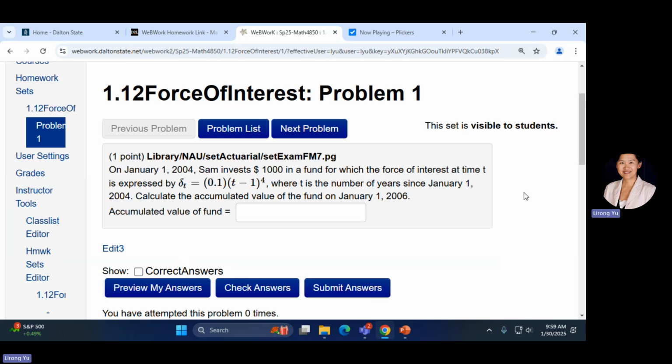Stan invested $1,000 in this account, earning that kind of force of interest. The question: calculate the cumulative value of the fund. I think it should be called the amount, the balance of the fund by January 1st, 2016.